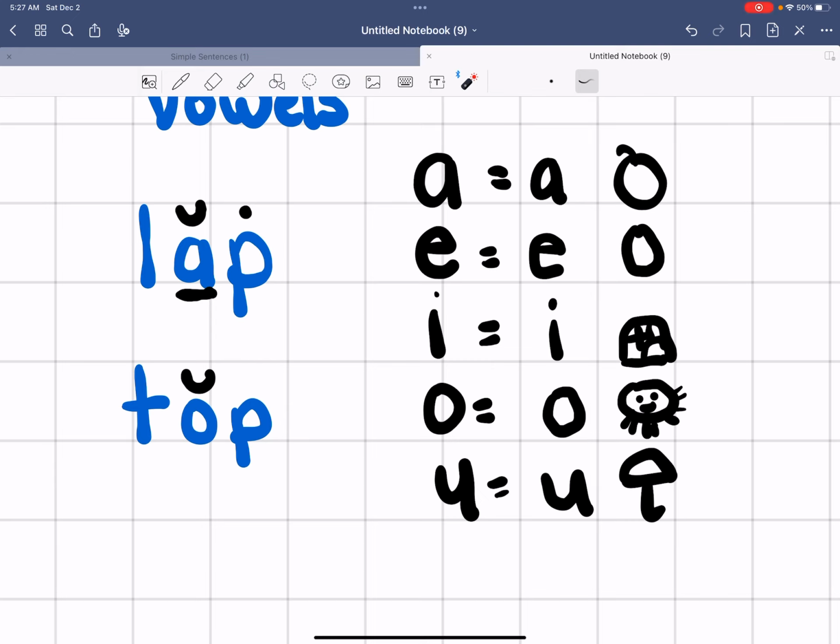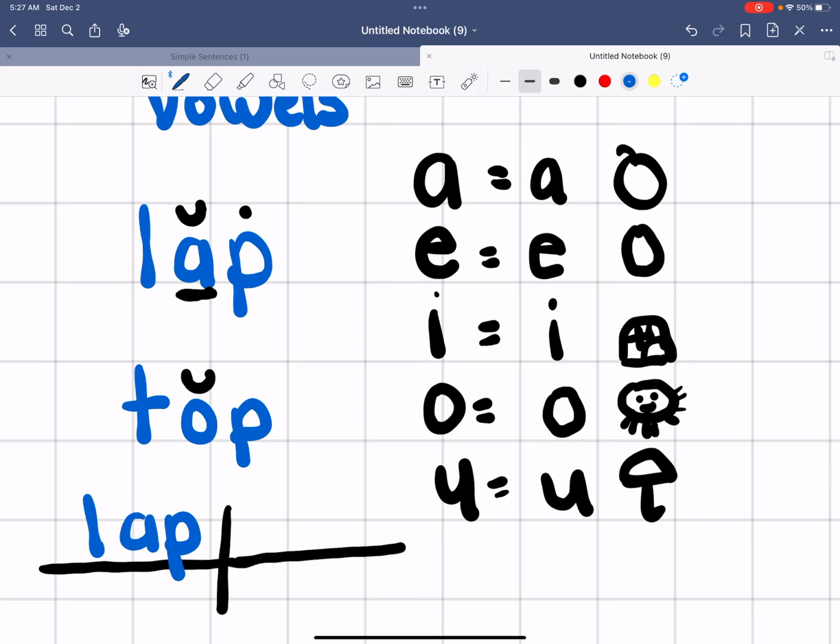Now we're going to place them back into the two syllables of that big word. We already know that this says lap, and we already know that this says top. Now we can read by syllables. The first syllable says lap, the second syllable says top. Now let's put it together. Laptop.